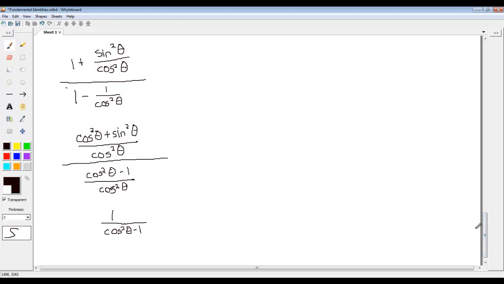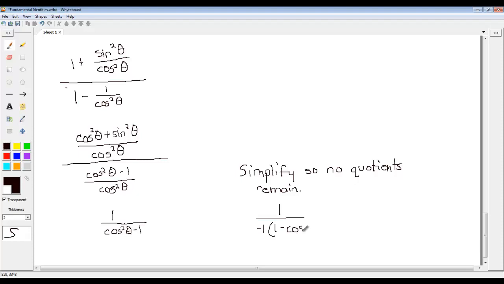Now if they ask you to go a little further and simplify so no quotients remain, these directions aren't saying you have to leave it with sine and cosine. If they ask you to go that much further, like a second step, here you've got this on the bottom, which is the same thing as negative 1 times 1 minus cosine squared theta.